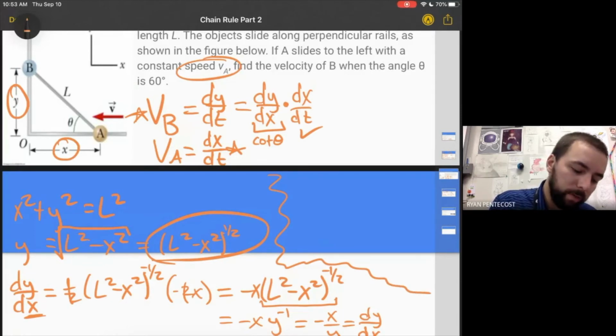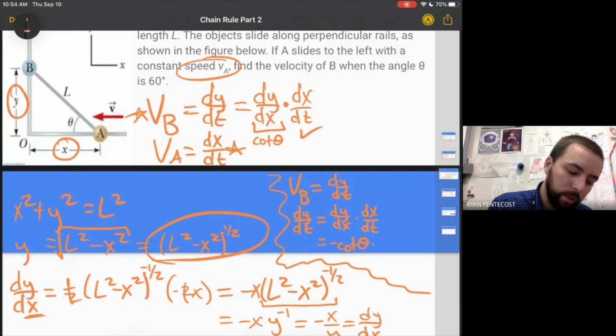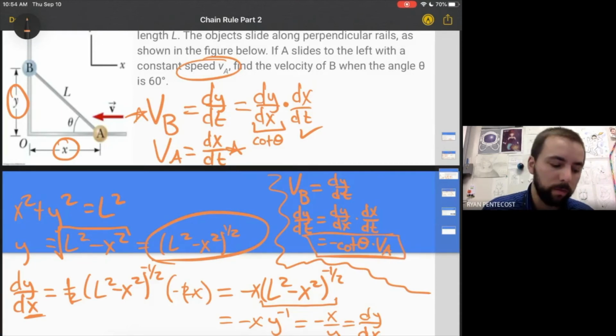If we want to find the velocity of B, which is dy over dt, we can say that dy over dt is dy over dx times dx over dt. Dy dx is negative cotangent theta, and then dx dt is the velocity of A. So you'd say that the velocity of B is the negative cotangent theta of VA.